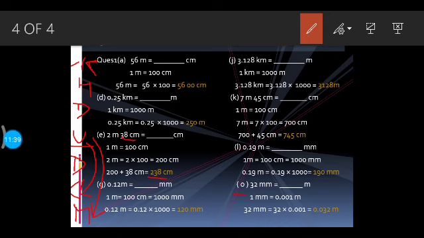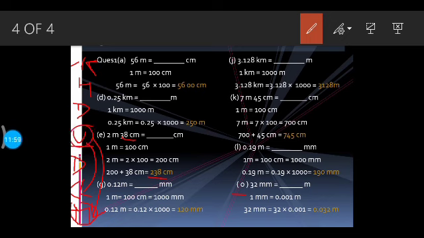O part is different from all of them. Why? In O part you have to convert 32 millimeter into meter. That means this time we have to go from millimeter to meter, which is our base unit.